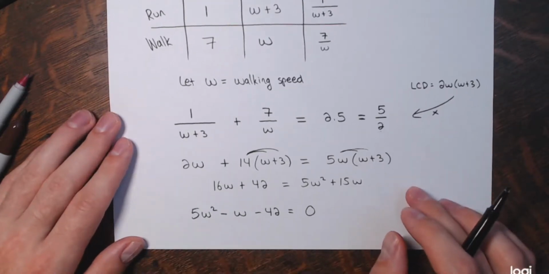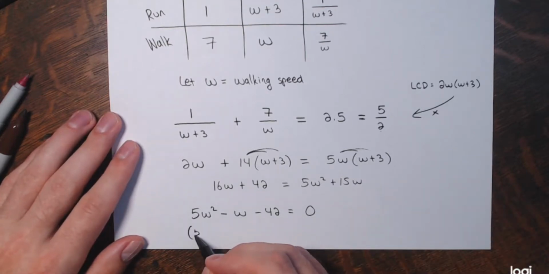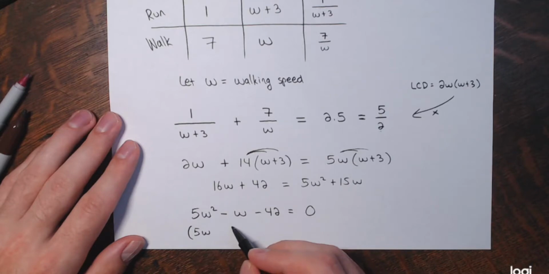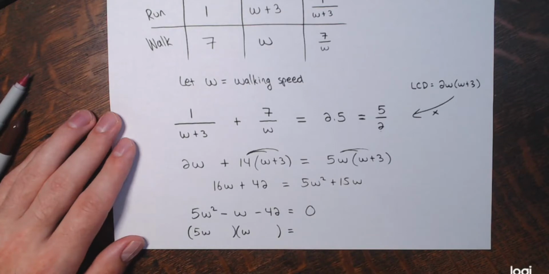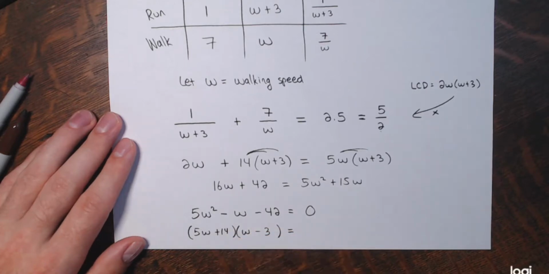And then again, I got to think about how to factor this. Now I know one of the factors would have to have 5W, and the other one would have to have W. Then I'd have minus 3 here, plus 14 there. There we go. Because that would give me minus 15W plus 14W for minus 1W, and then minus 42.